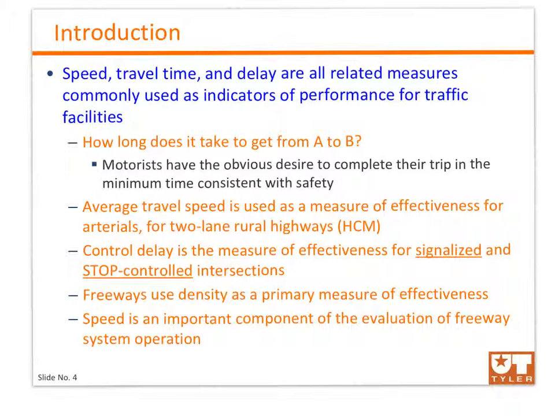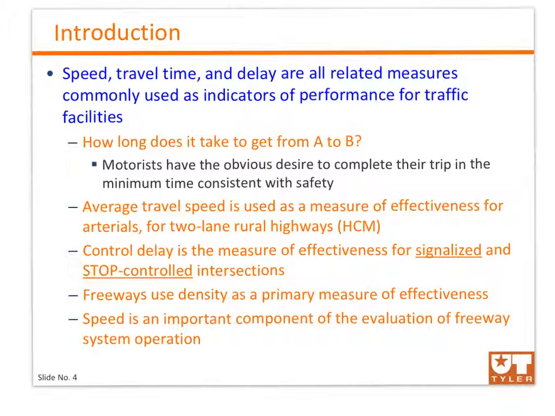So the question, as I said before, is how long does it really take to get from point A to point B? All drivers have the obvious desire to complete this trip, or any trip, in the minimum time consistent with safety. So we're not jeopardizing safety, but we want the shortest travel time with the highest speed while maintaining safety.